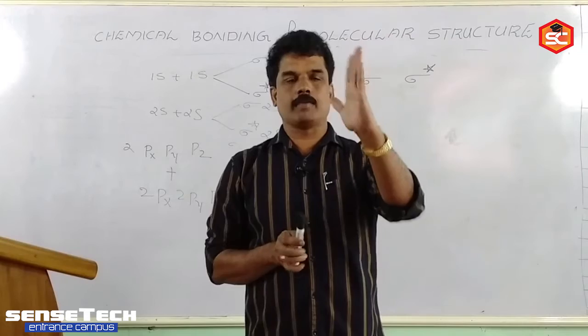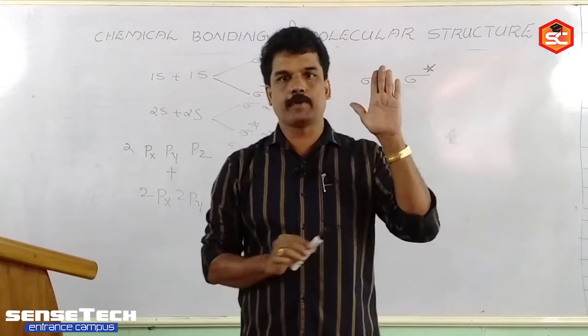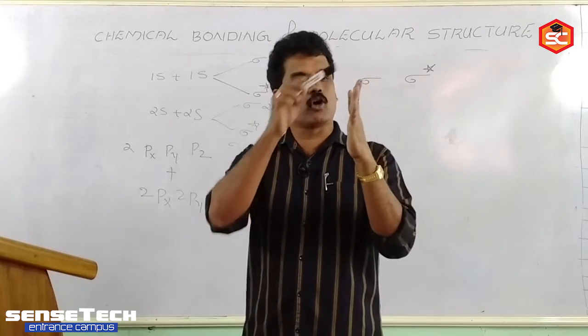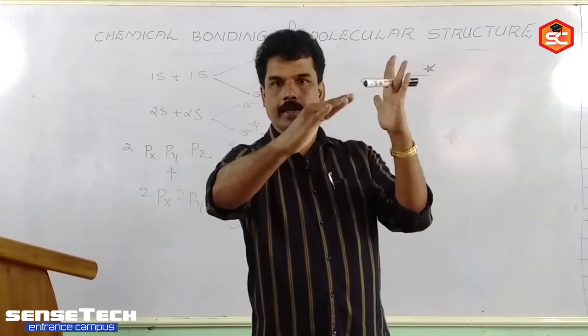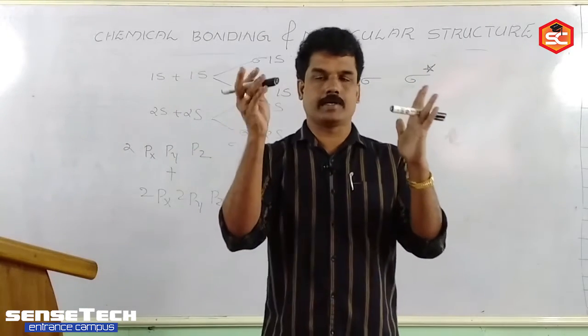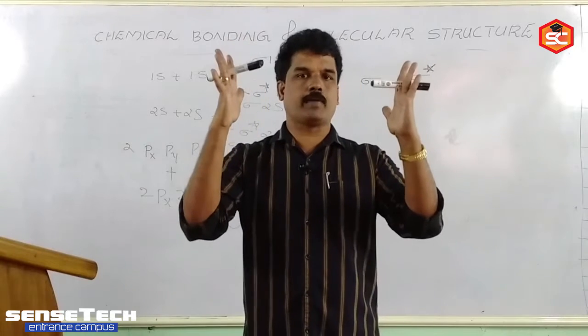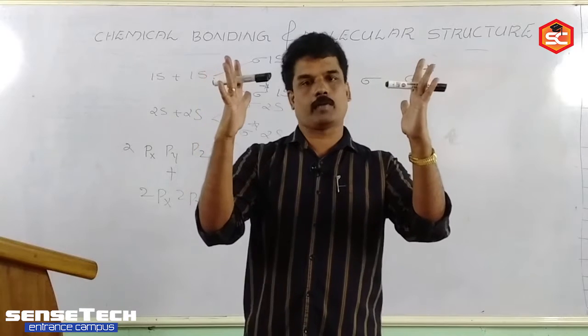Suppose in the case of p orbital, px and py are on the plane, perpendicular to each other, and z orbital is projected towards outside. Like that, another p orbital. X and y on the plane, perpendicular to each other, z projected towards outside, that also perpendicular.